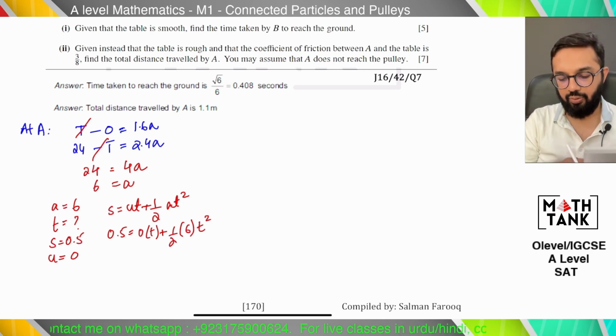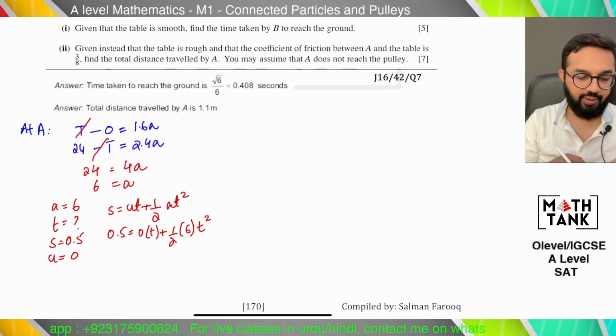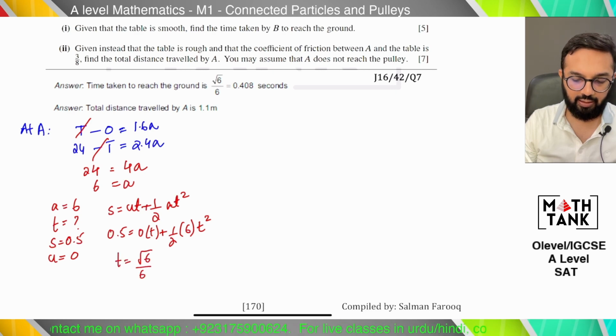So 0.5 divided by 3, and the root of the answer gives me t equals root 6 over 6 seconds.